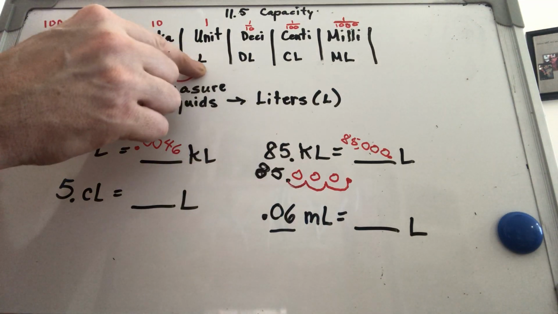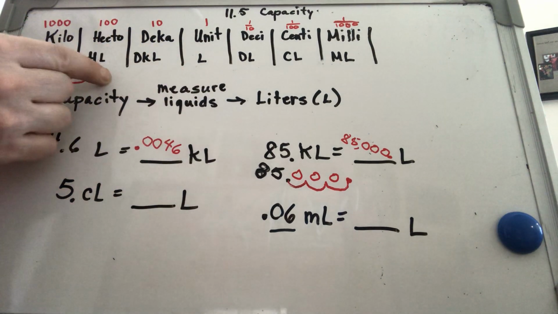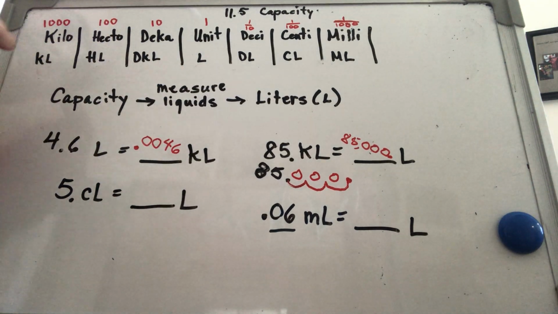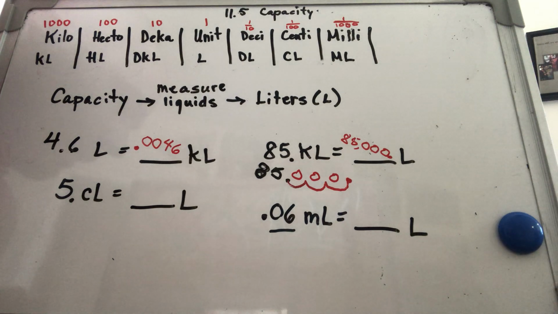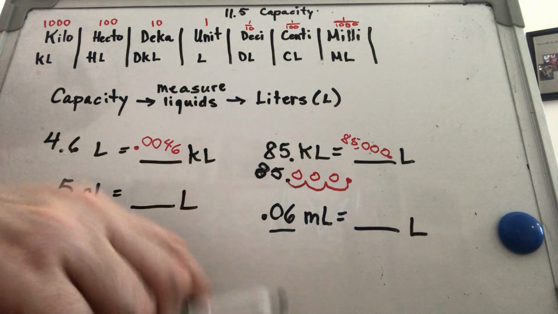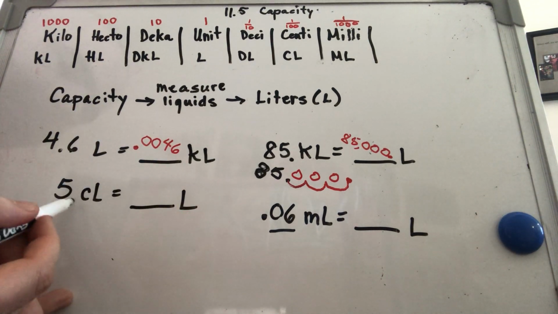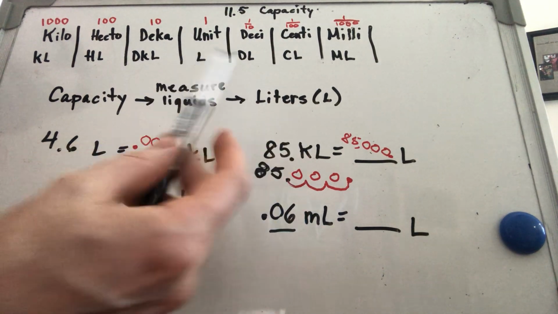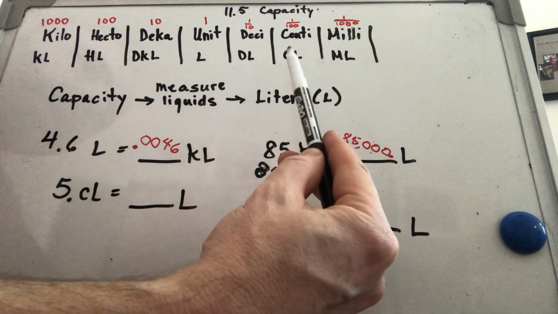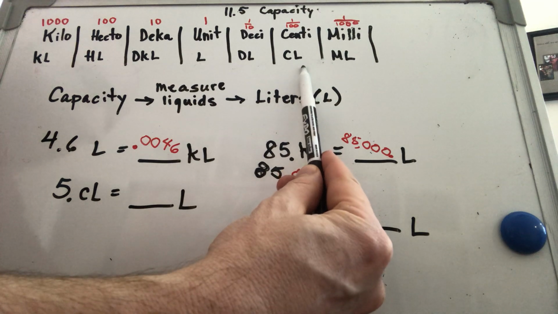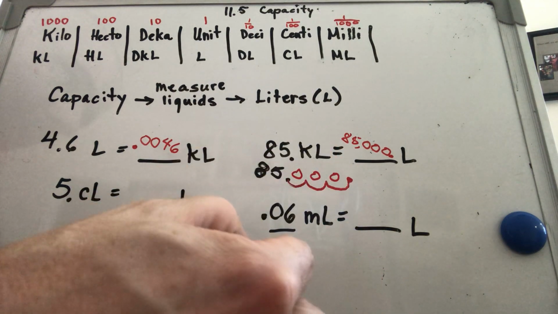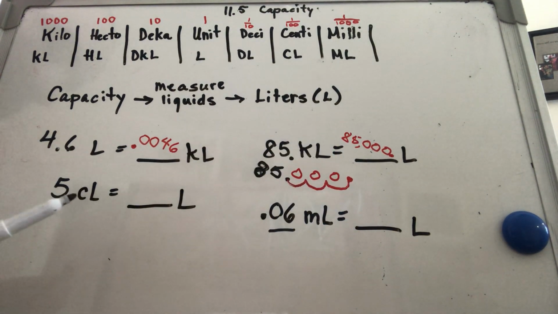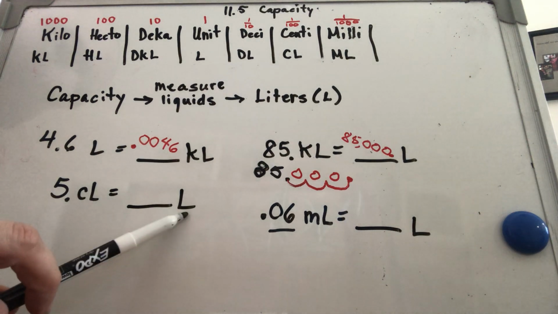Let's do another one. When you get word problems today, if you get any, and if they're 2 different units, you always want to make them into the same unit. Let's look down here. I have 5 centiliters, and I'm trying to turn it into liters. So let me find centiliters up top. There it is. And now I want to move over to liters, because that's what the problem's showing. Centiliters to liters.